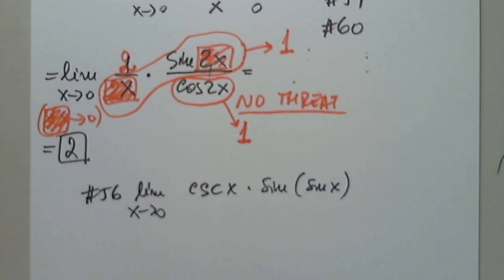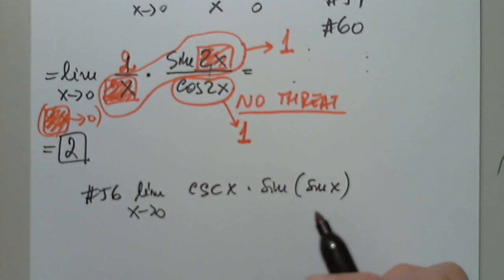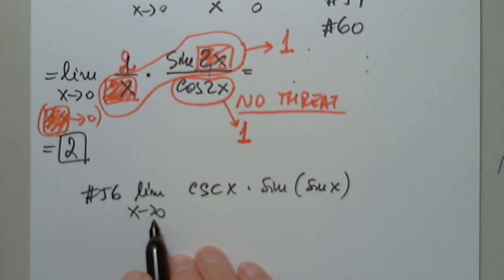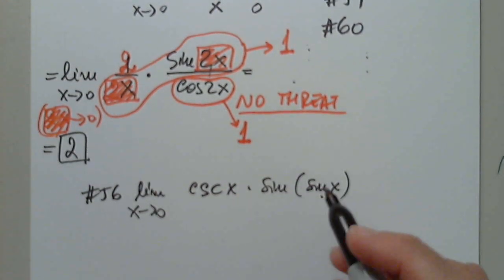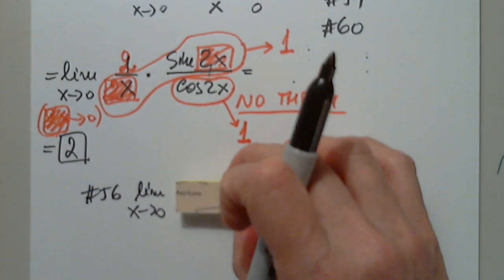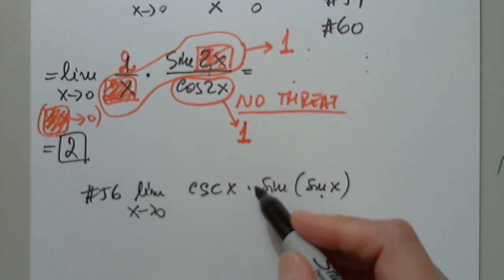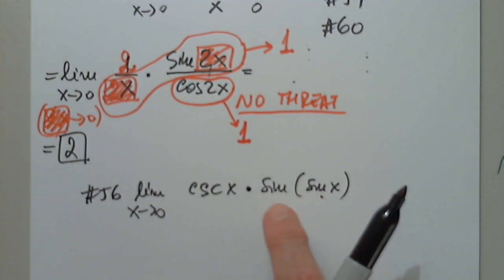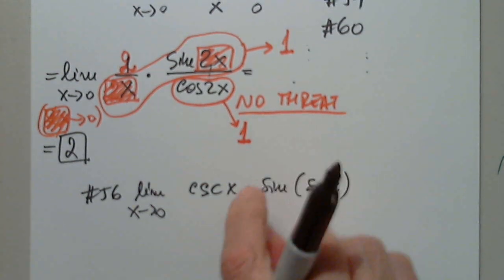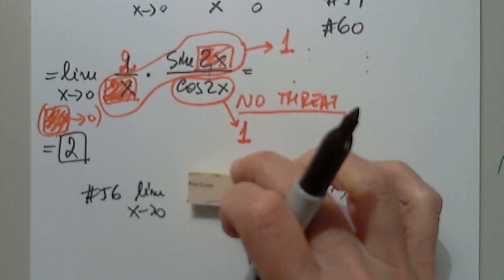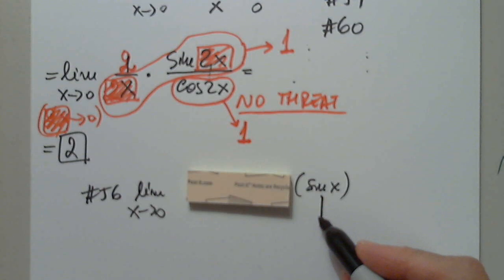So now when x approaches 0, piece by piece we have to understand what's happening here. So I'm going to start from the inner. This is a product. So this is the inner, this is the outer, and then multiplied by cosecant x. We'll get to that. Where is sine x going to?